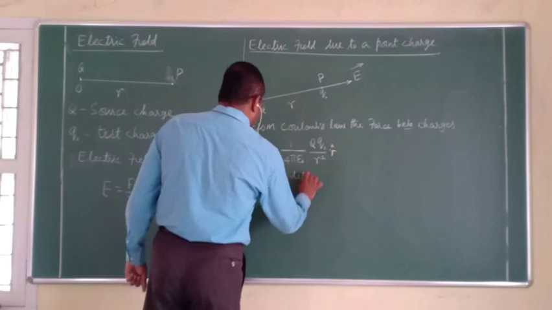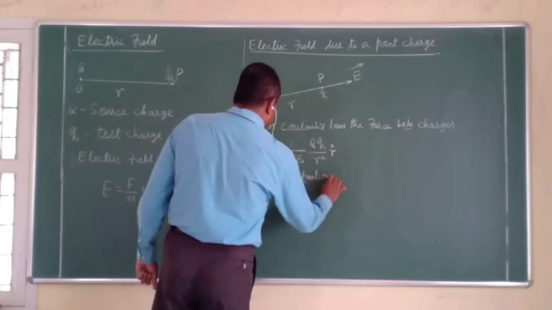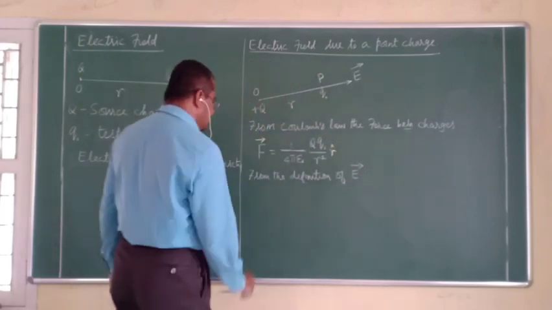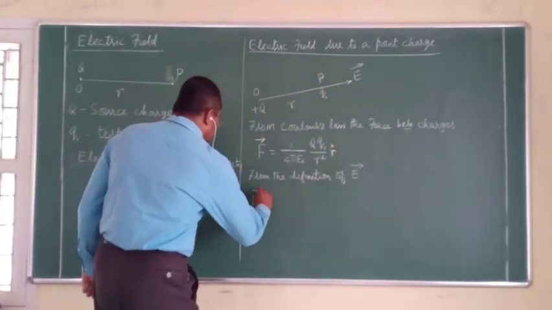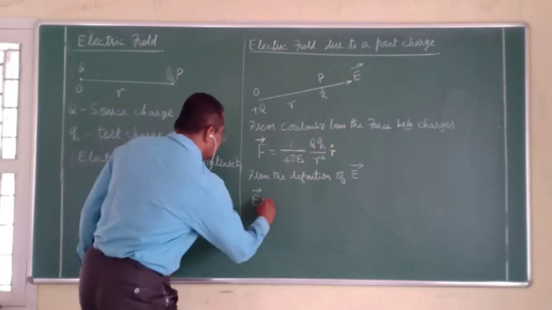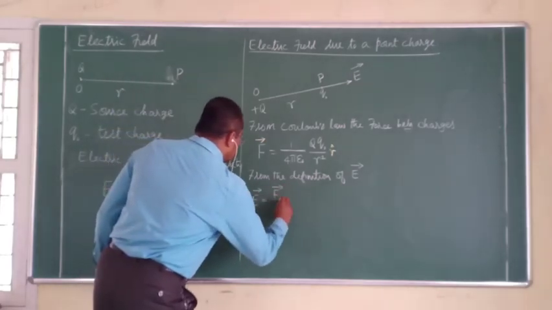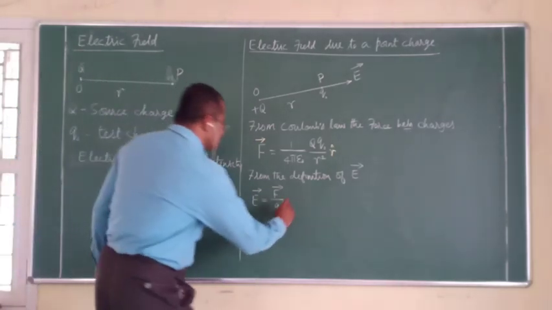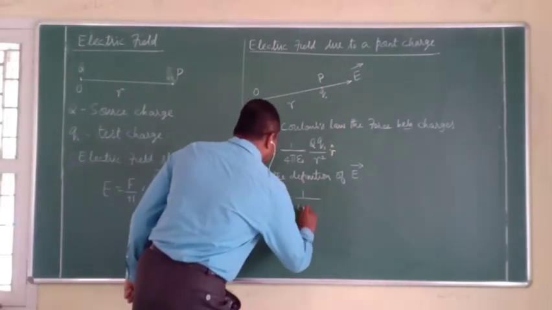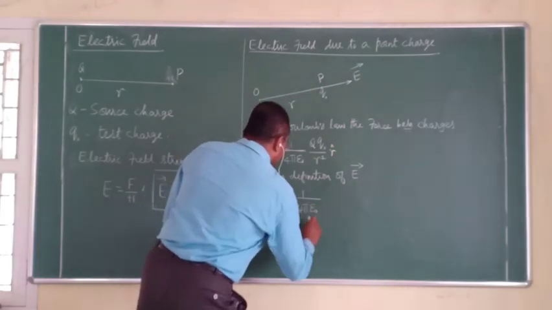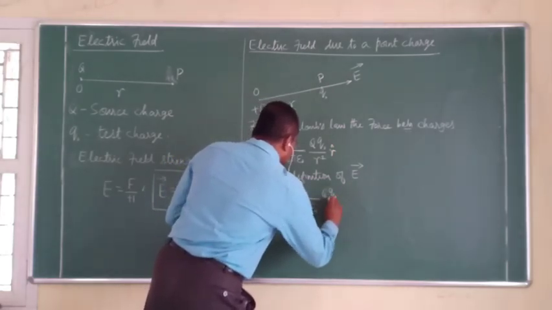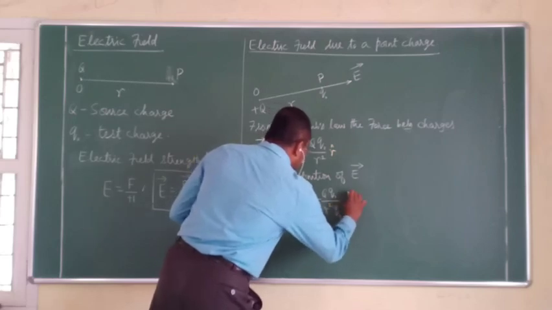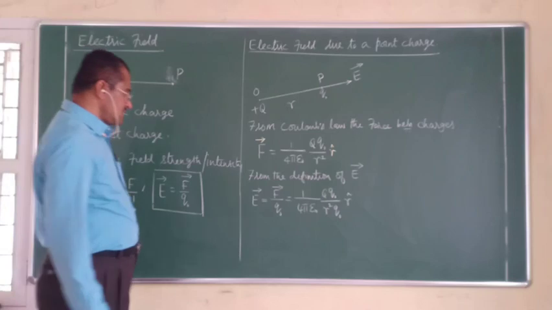Now, from the definition of electric field intensity, I write electric field E is F vector upon Q naught. Therefore, I write 1 by 4 pi epsilon naught Q Q naught upon R squared into R unit vector divided by Q naught.